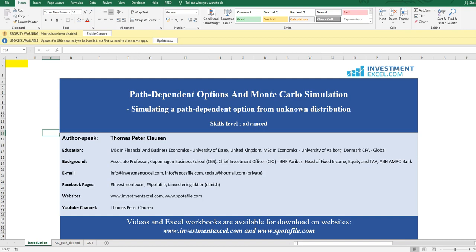I'm from investmentexcel.com, a platform for students and businesses that would like to retrieve material or perhaps supporting material within topics in finance and economics. The idea is that many complex issues in economics and finance are, at the end of the day, best understood intuitively by using a bottom-up framework developed in Excel.